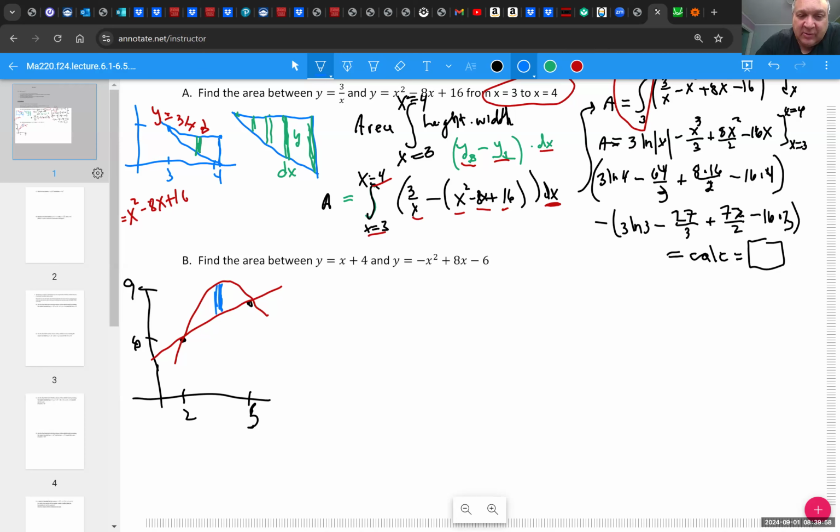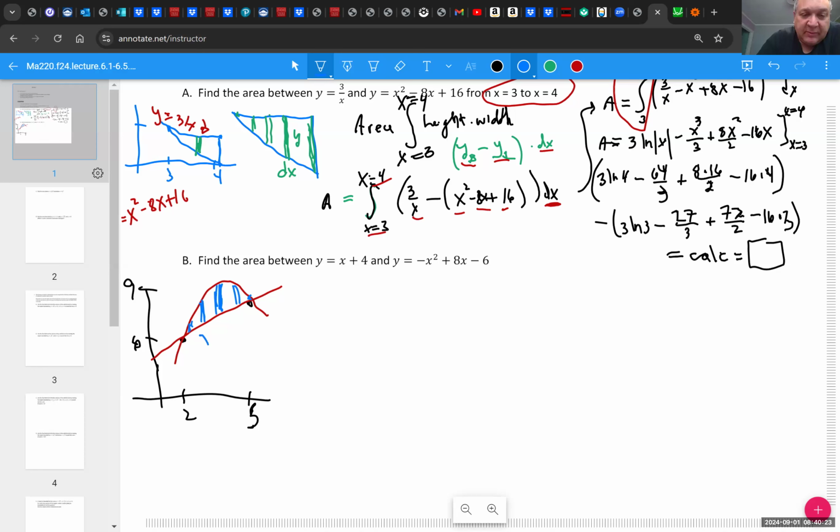The rectangle goes from the curved parabola part down to the straight line part. And that's true even over here with this little teeny height rectangle, and everything in between. All these rectangles go between, on the low graph, the line x plus 4, and on the high graph, the negative x squared plus 8x minus 6.